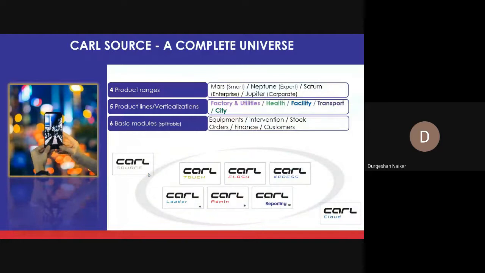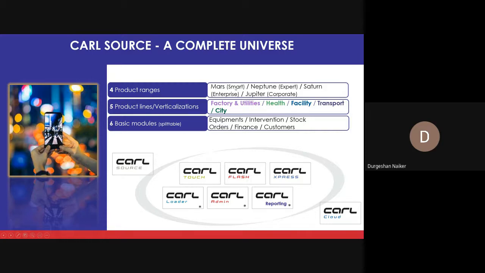Carl Source is a complete universe. Like we said before, it has got everything. It has 4 product ranges, and we have given them names of planets: Mars, Neptune, Saturn, and Jupiter.